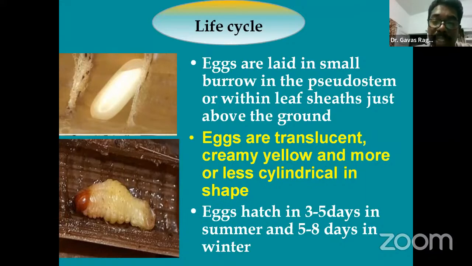With the help of this snout, it makes small burrows or crevices in the pseudostem into which it lays eggs. The eggs are translucent and creamy yellow in color, and they are cylindrical with both ends round in shape. After a week, the eggs will hatch and the grubs will hatch out.